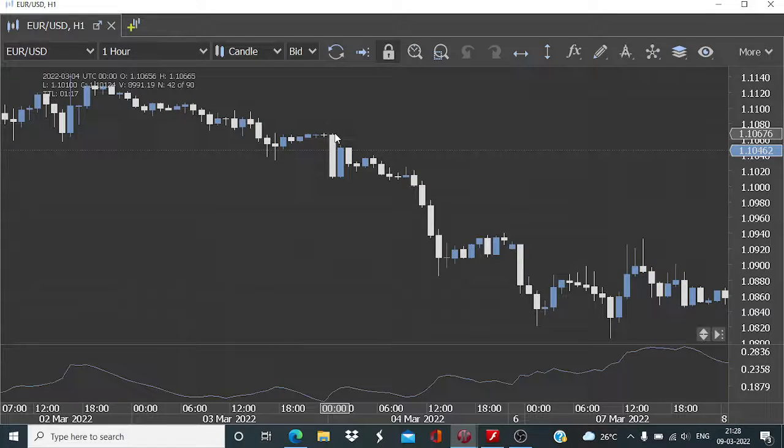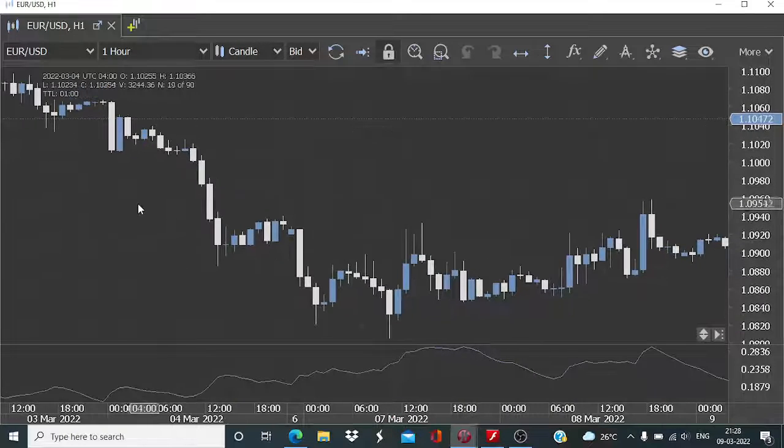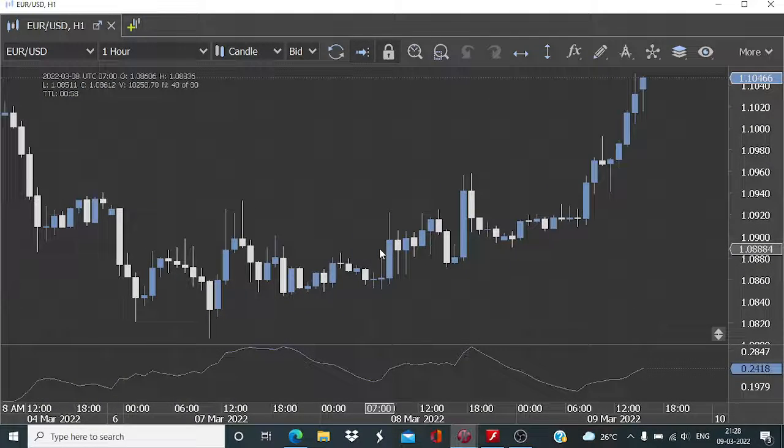And to make sure the momentum was sustained in the last hour, we are also considering the difference between the closing value and the opening value, and that should be at least half of the difference between the highest and the lowest point of the last hour. So the logic is fairly simple.